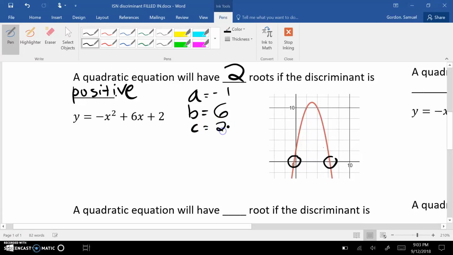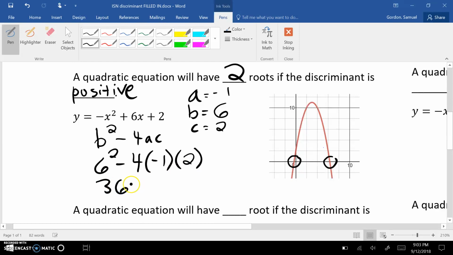That's 2. So the discriminant is b squared minus 4ac. So I would do 6 squared minus 4 times what a is, -1, times what c is, 2.